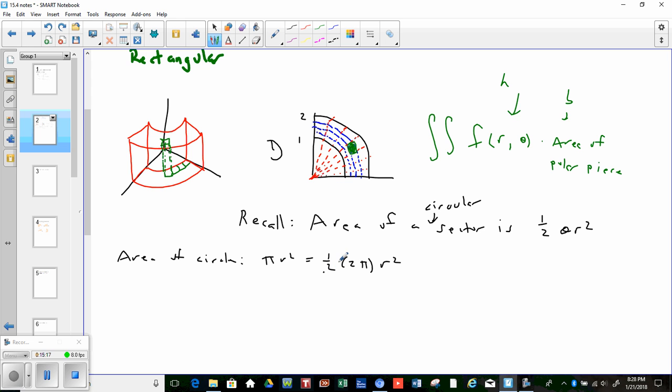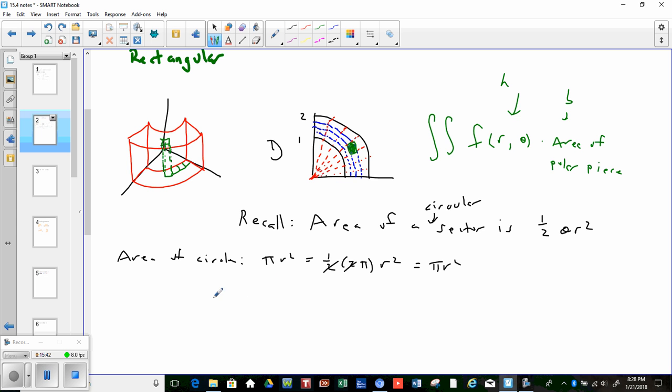The 2 pi and the 2 cancel out, and you just get pi r squared. You could show that for any piece of an entire circle. If I wanted you to find the area of the circular sector of pi thirds radians, you would plug pi thirds in here and get pi sixth r squared.